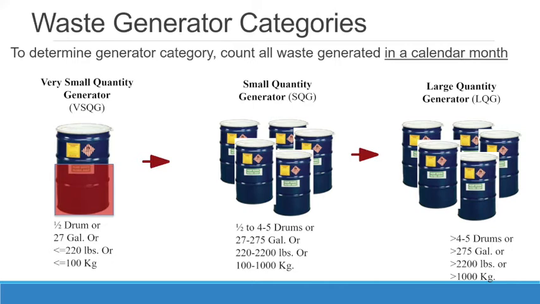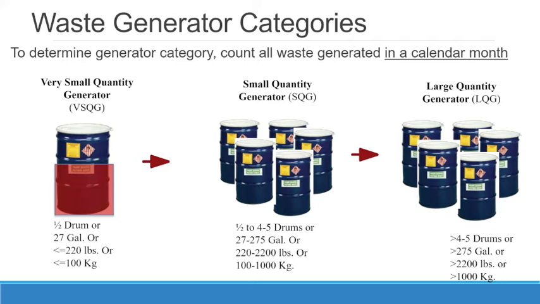So from a regulatory streamlining and regulatory burden perspective, you really want to focus on minimizing, reducing, and eliminating hazardous waste, because as you move down the categories, there are fewer requirements you need to meet. Now, let's take a look at what qualifies under each of the categories. The way the regulations are set up, it's based on weight.